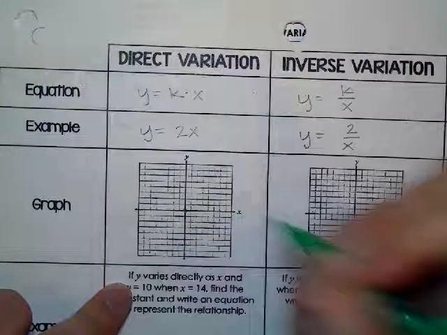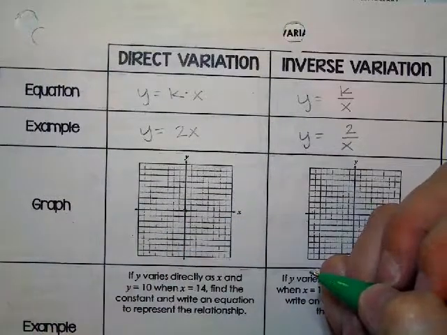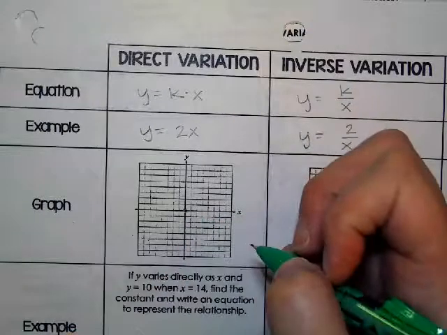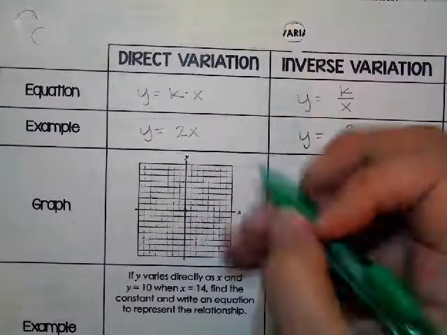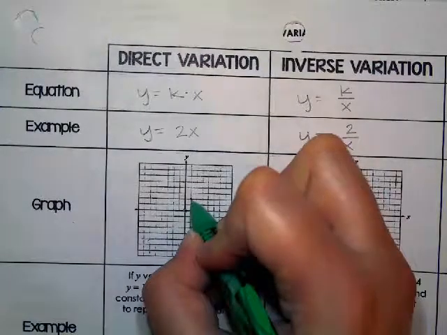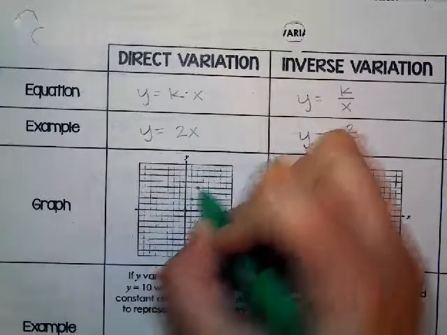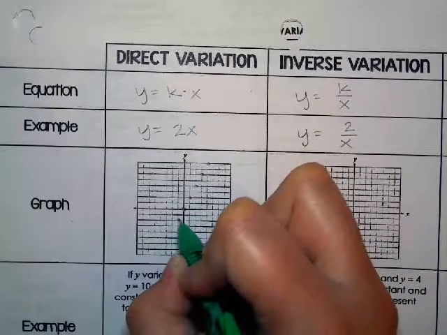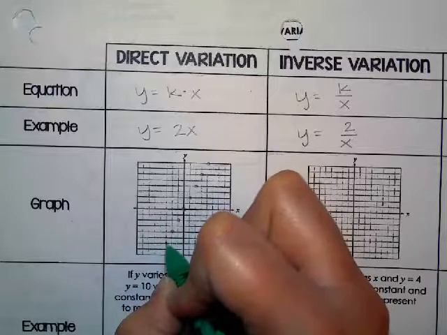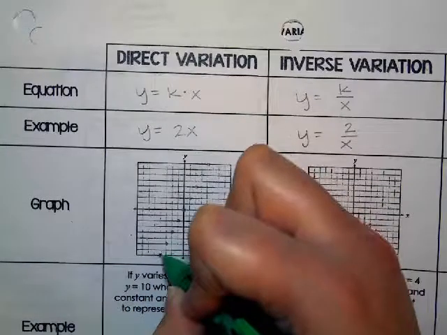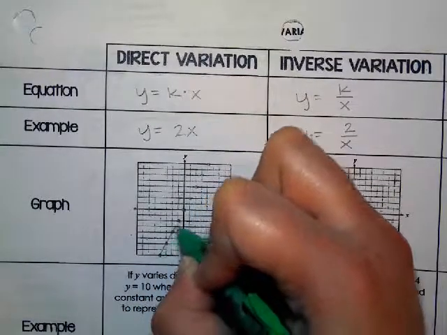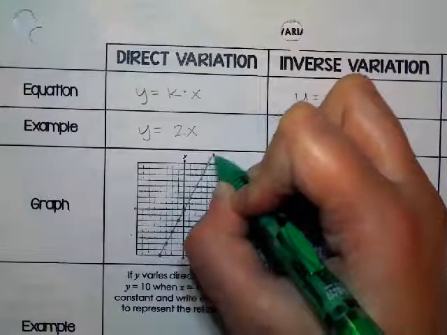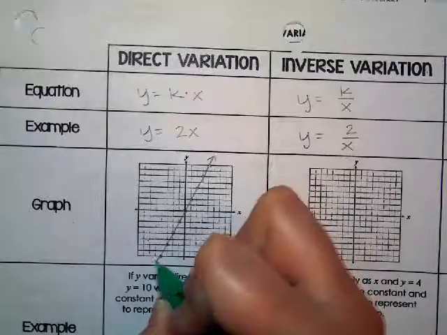And then what's our slope? Okay, when we go over 1, do we go to the right or the left? Right, okay. So we're going to go up to right 1, up to right 1, up to right 1, up to right 1, and then we can go the opposite direction. Okay, and then we're going to just draw that. So direct variation is linear when you graph it. Y equals 2x.